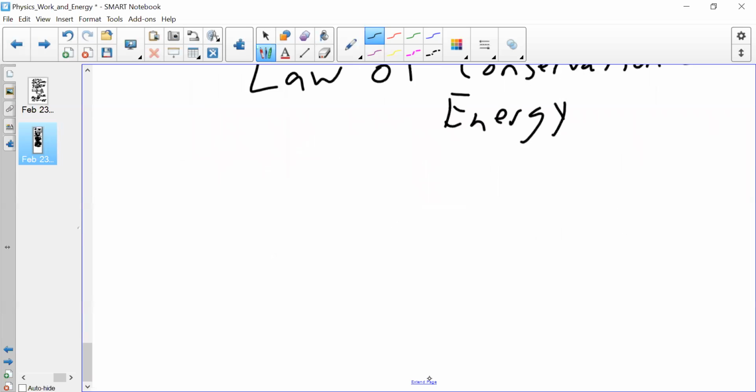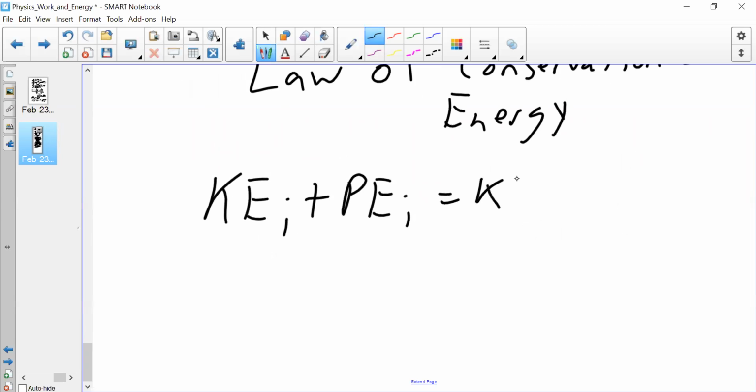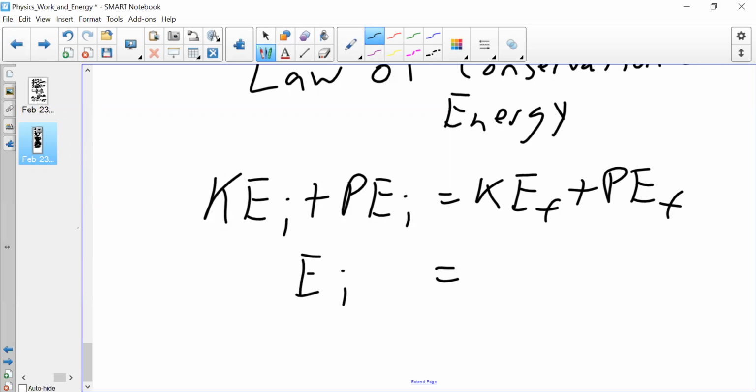I'm just going to rewrite it in a conventional form. KE initial plus PE initial equals KE final plus PE final. Energy before is equal to energy after. We have saved it.